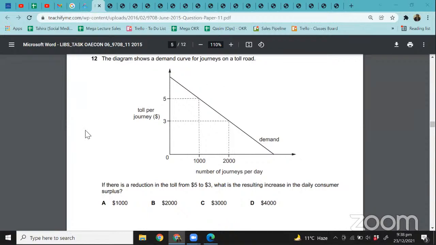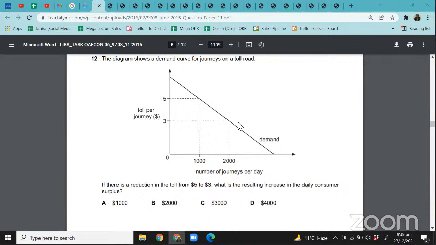Okay, okay. Let's wait for the other students. So you're saying the answer is B? I think it's incorrect.